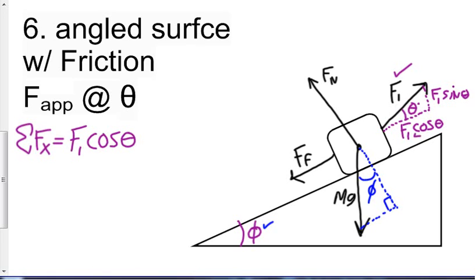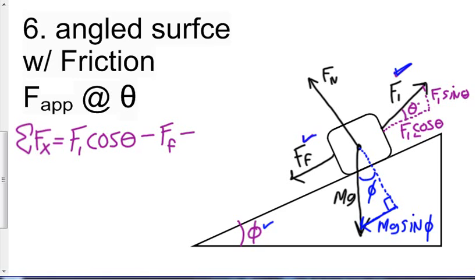What's going down the ramp? Here's where you've got to watch carefully. I have the force of friction going down the ramp, and I have a component of the weight going down the ramp, which you've got to watch for. I got this side right here going down the ramp. When the person is pulling up the ramp here with F1, it has to fight the friction and the weight component. So this is mg. Now, this is opposite of angle phi, and so this is going to be sine phi.